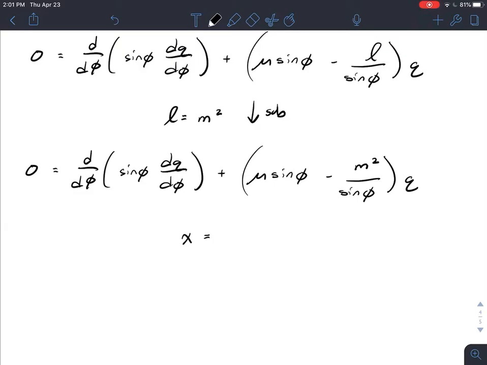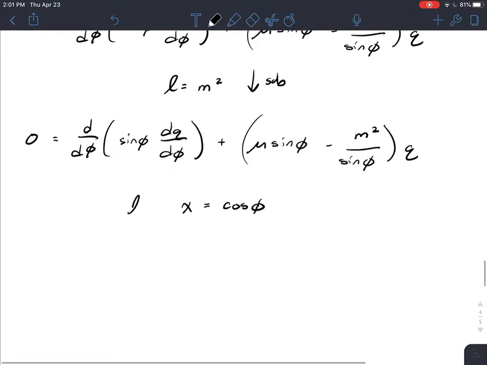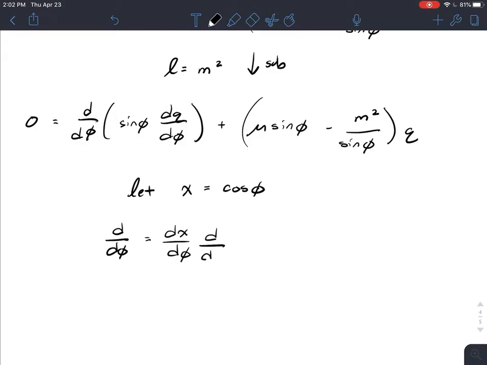Legendre's differential equation is not a true mathematical definition, but that's what I coined it, so that's what we're going to use. Okay, so we're going to let x be equal to cosine phi. And then we're going to change our differential operators.